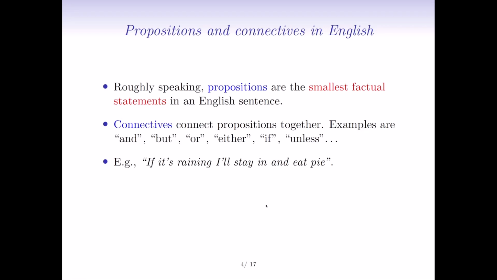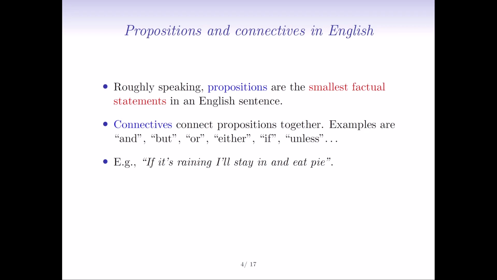So let's take a simple example in English, the following sentence. If it's raining, I'll stay in and eat pie. Well, we can definitely see that there's an if in there, and there's also an and. So there are 2 connectives in that sentence, and we can isolate 3 propositions: it is raining, I'll stay in, and I'll eat pie.